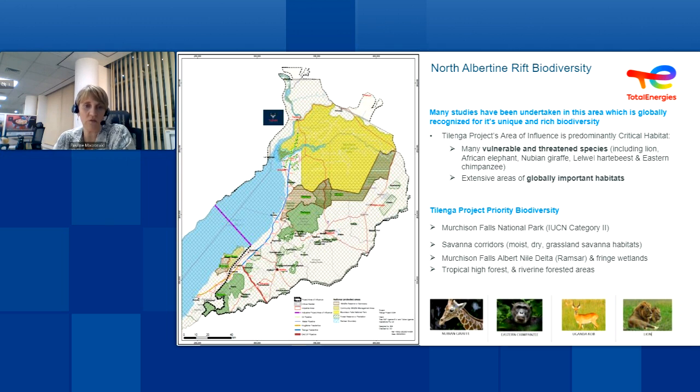We also had the key savanna corridors, which contain very important savanna type grasslands, moist and dry. And we also focused on the wetland area, the Murchison Falls Albert Delta, and the tropical high forest and riverine forested areas within this region.